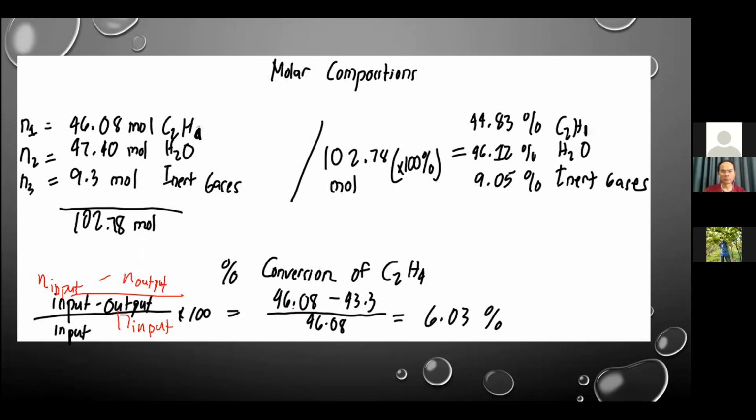So yeah, 46.08 minus 43 point. This is the input here minus the output which is given, minus the input, which is equals to 6.03. This is the percentage conversion of ethylene.